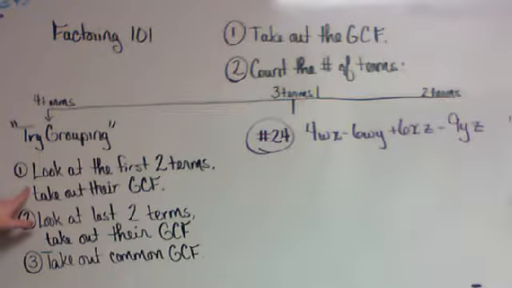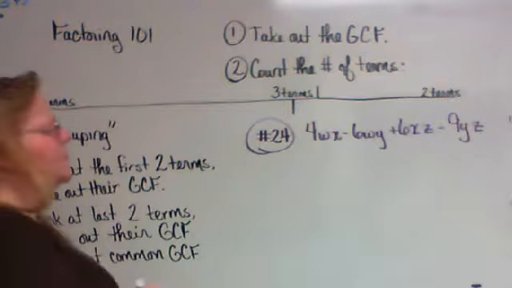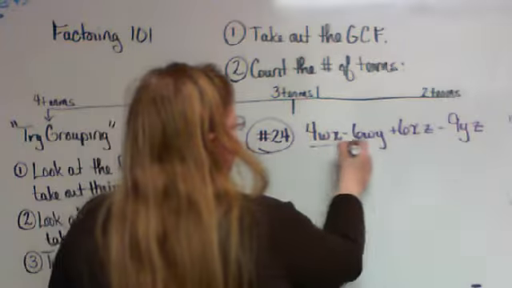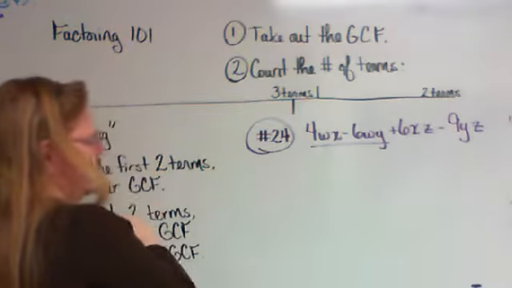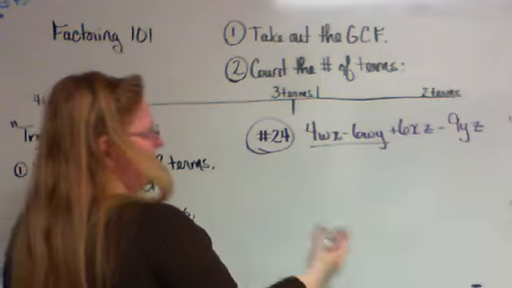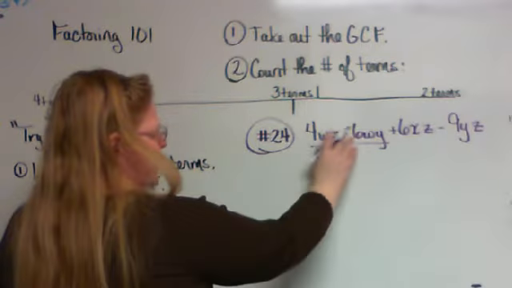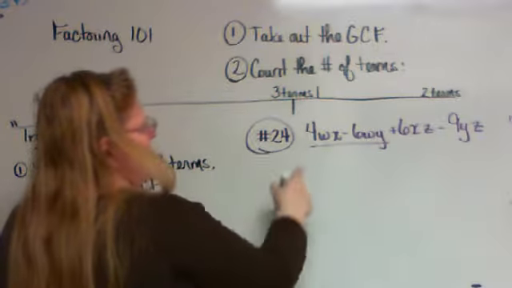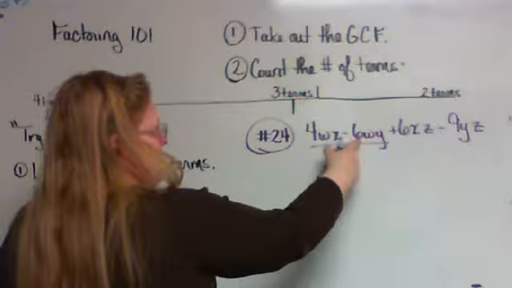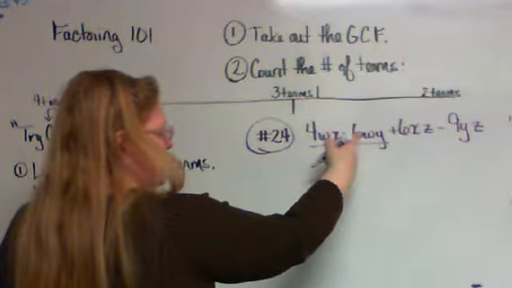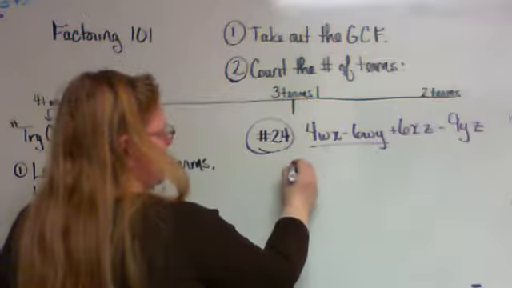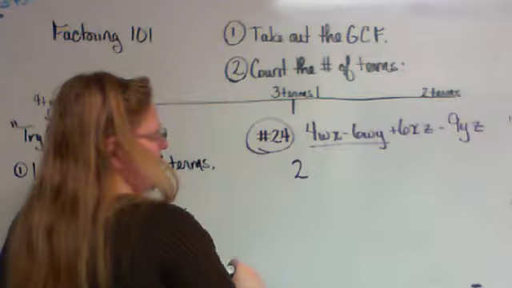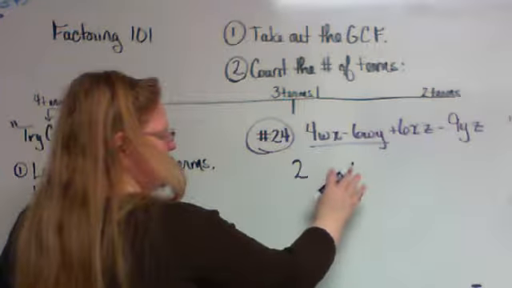So the first step in grouping is to look at the first two terms. So I'm only looking at these two terms. And when I look at those two terms, I'm supposed to take out the GCF for just these two terms. Well, is there a GCF in the numbers? Well, yeah, 2. 2 goes into both. So I take a 2 out. Is there a GCF in the letters?